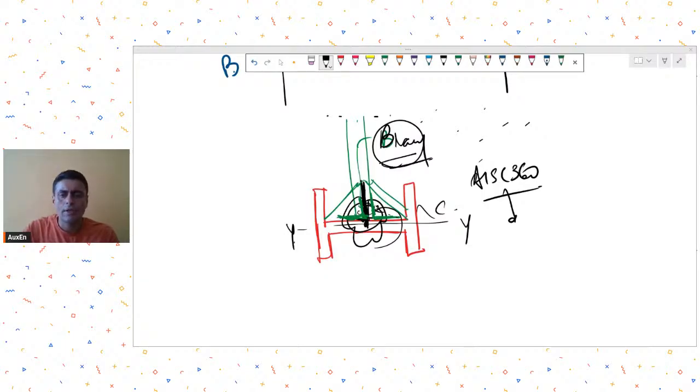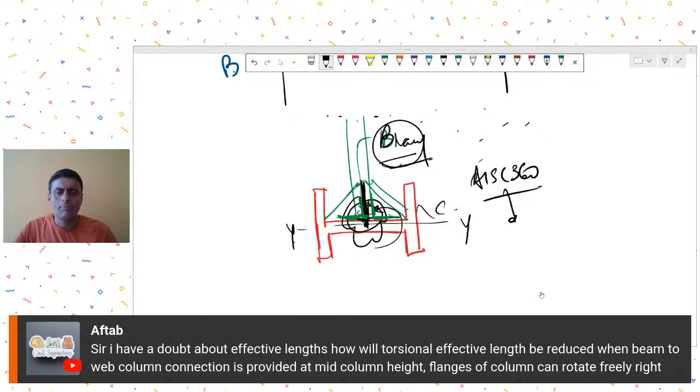For flexural buckling, you could consider the effects of bracings framing into the column, but for torsional twisting, you may not take the effect of bracing. But generally, it will not happen with a beam column shear connection, because there are cleats and other elements which don't allow your column to rotate freely.